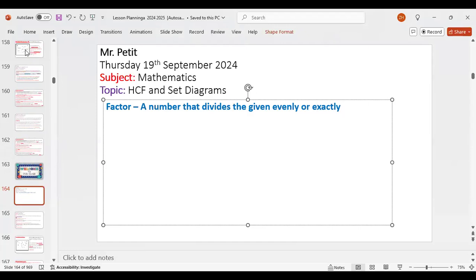So a factor is a number that divides the given number evenly or exactly, leaving no remainder. Put emphasis on that: leaving no remainder.